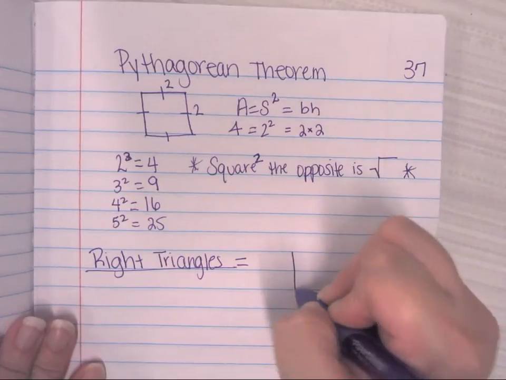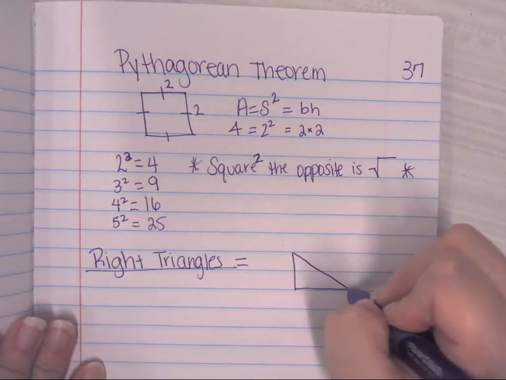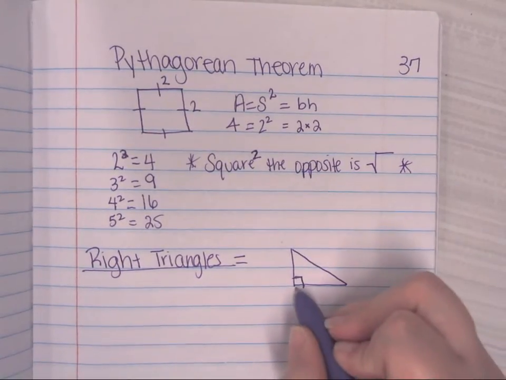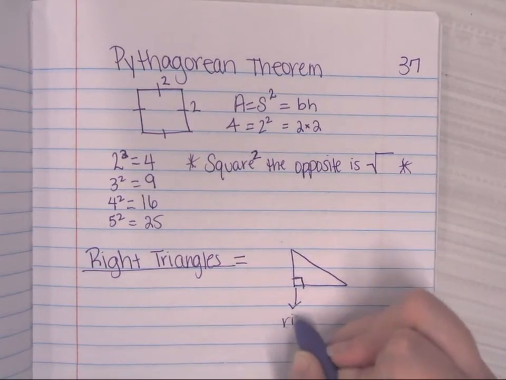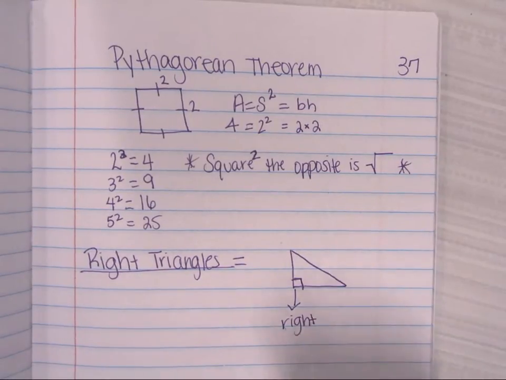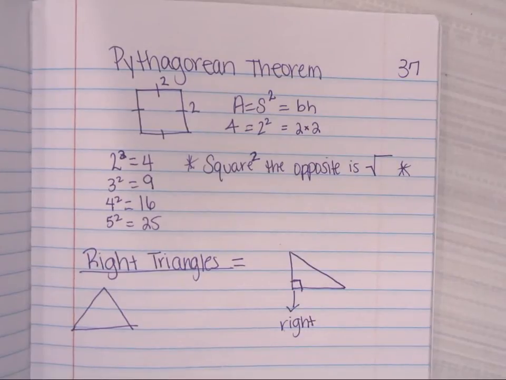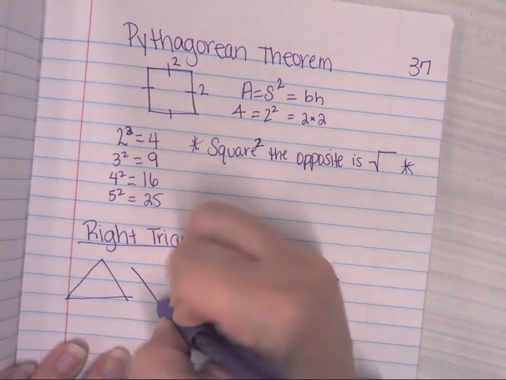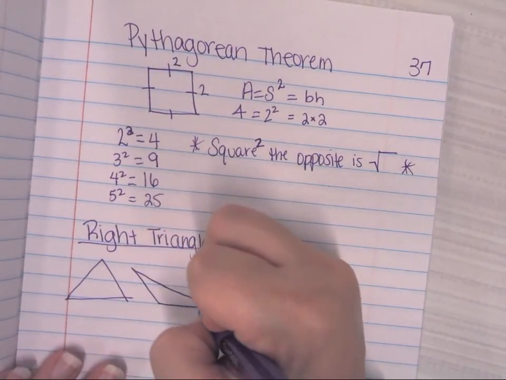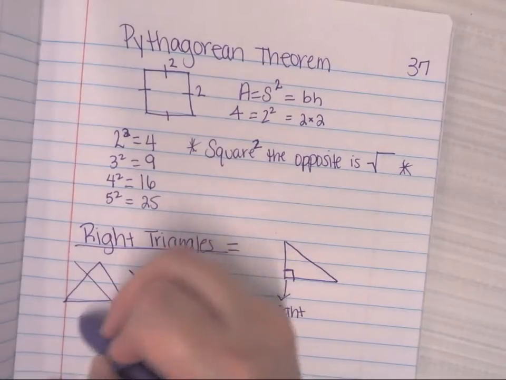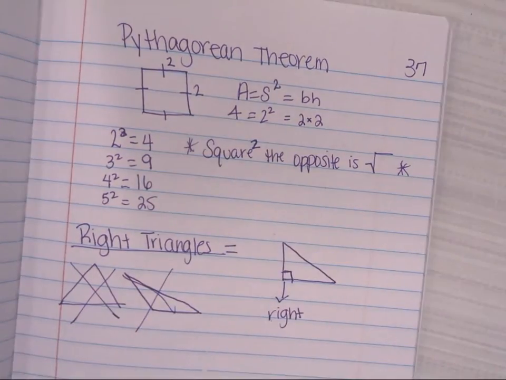A right triangle has a right angle. So this is not a right triangle because there are no right angles. This is also not a right triangle because there are no right angles. Okay, so these are not right triangles. A right triangle has a right angle.